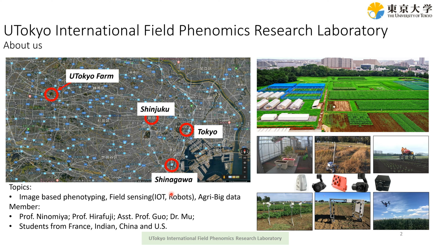Our topic is mainly focused on three things: image-based phenotyping, field sensing techniques, and, at the end, algorithms and big data. As you can see here, we are quite an international team, and we are developing both hardware and algorithms in order to help breeders accelerate their plant phenotyping.